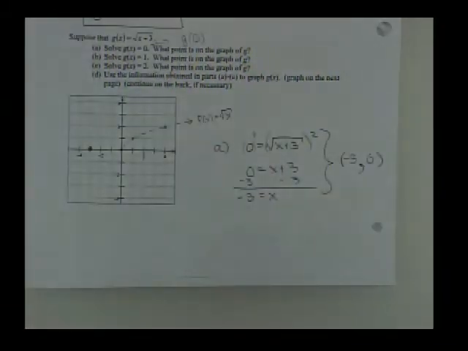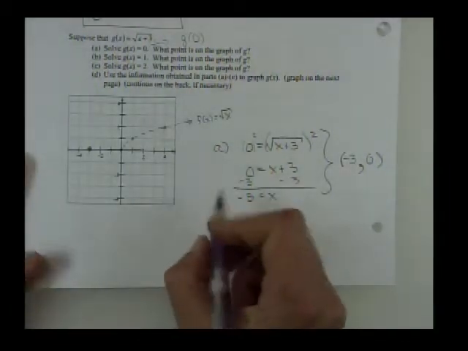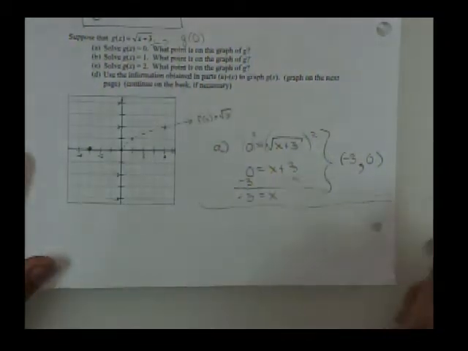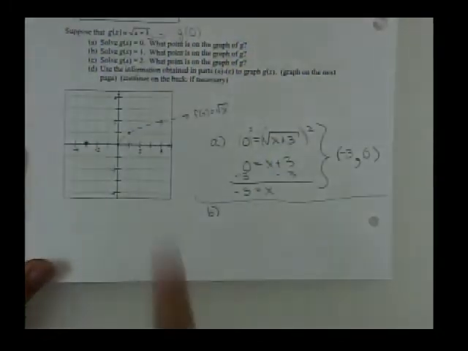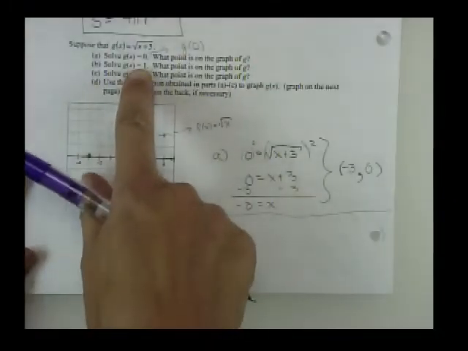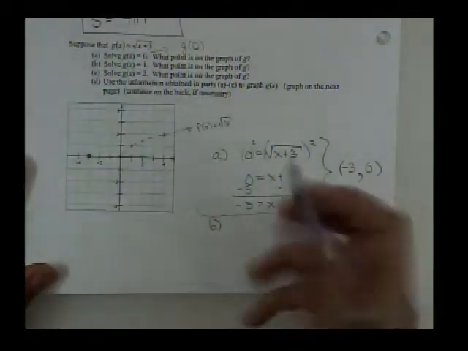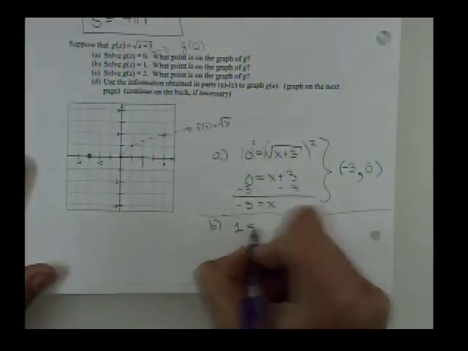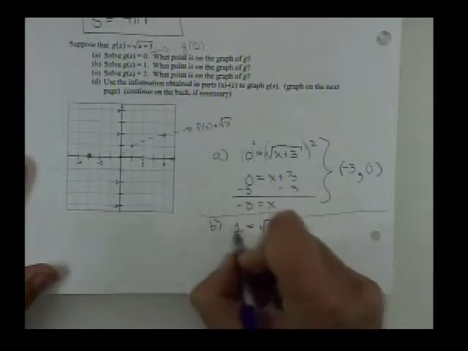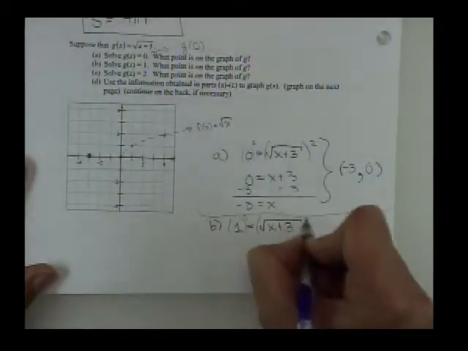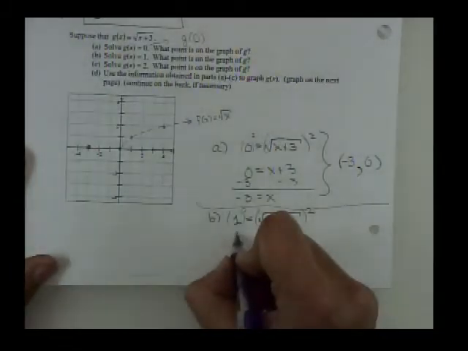So now what do you think? It moves to the left, right? I mean, correct. It moves to the left. And then part B says solve g of x equals 1. So now we're plugging in 1 where the y would go. And it's the same exact steps we did in part A. The radical's already by itself, so we'll just go ahead and square both sides. 1 squared is 1.